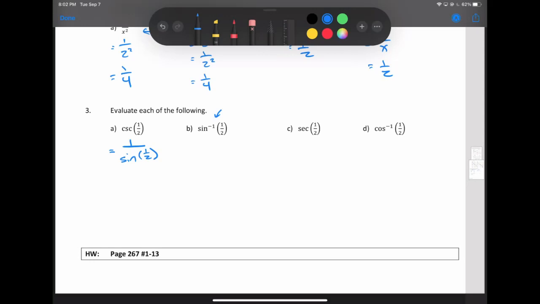So let's assume radians. Make sure your calculator is in radians to start with this. And we'll punch in 0.5 sine and then 1 over that. And I'm going to get out about 2.086-ish. Okay.